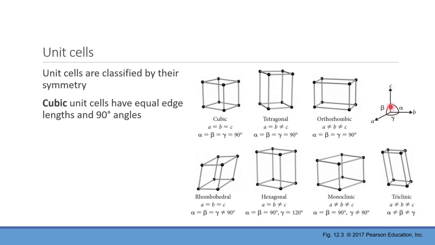So it would look like this. In this section, we are mostly just going to focus on cubic cells. That is the focus of the textbook, and you don't need to look at the rest of these. However, if you are interested in crystal structures, especially in geology, you might find these really interesting to look at.